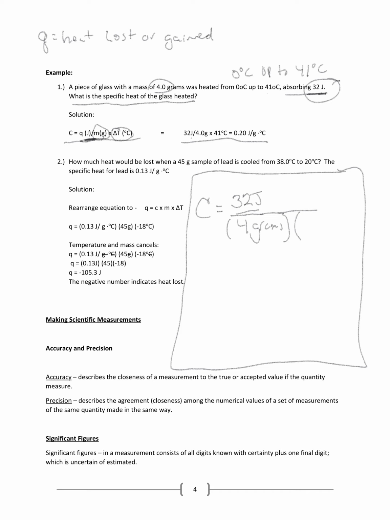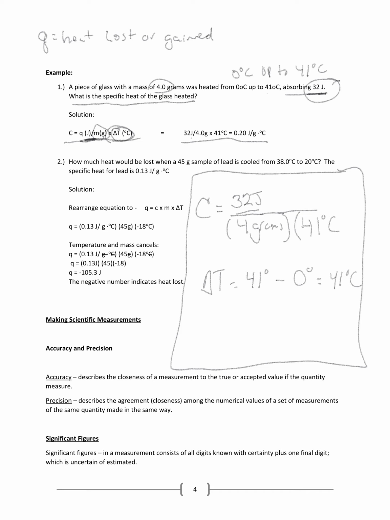And then the temperature change, delta T, I'm going to write over here. We said that you went from 0 degrees Celsius to 41 degrees Celsius, so 41 degrees Celsius minus 0 degrees Celsius is 41 degrees Celsius. That's our delta T.